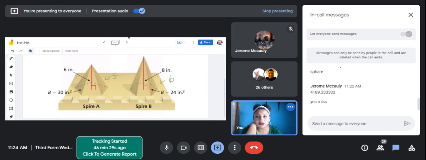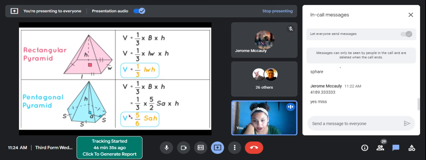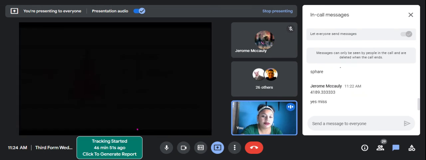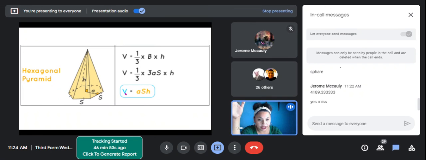Okay, very good. Now in the PowerPoint, you can take a look, I have the formulas right here. We don't have time to do this, so what I would like you to do today is find the volume of the one with five sides using this formula, and find the volume of the one that has six sides using this formula.